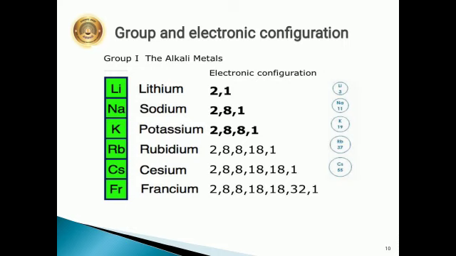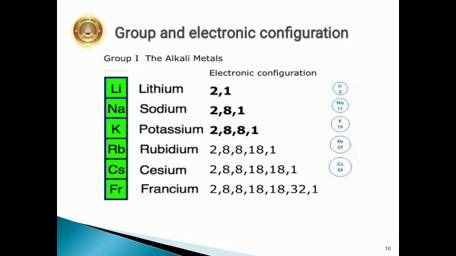It means in the first shell there are 2 electrons, in the second one there is 1 electron. Sodium 11, 2, 8, 1. Potassium 19, 2, 8, 8, 1. Rubidium 2, 8, 8, 18, 1. Cesium 2, 8, 8, 18, 18, 1. And francium 2, 8, 8, 18, 18, 32 and 1.